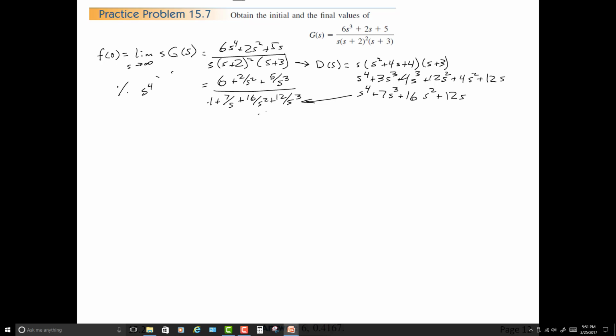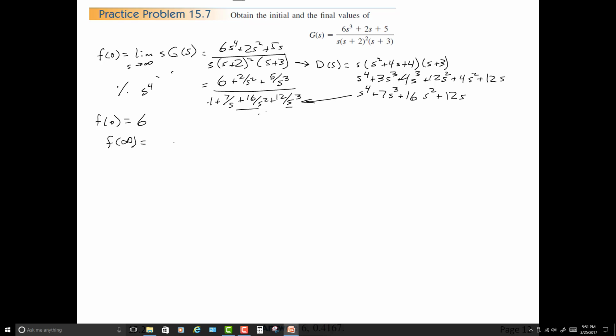And you can see quite simply, as soon as s goes to infinity, all of these terms go away, and we're left with 6. So one of the limits, f of 0, is equal to 6.